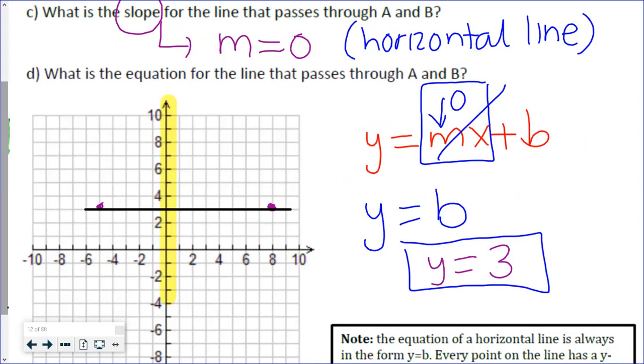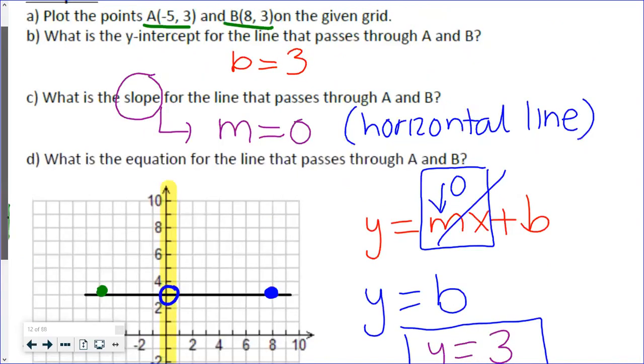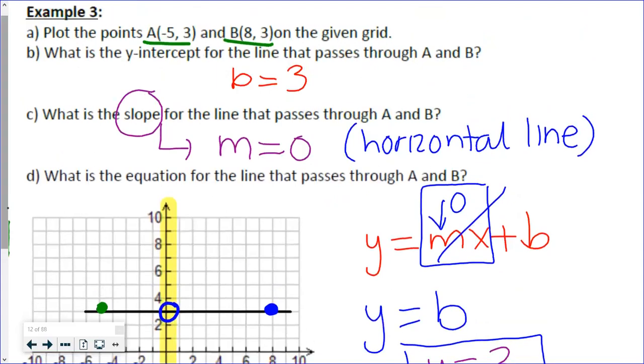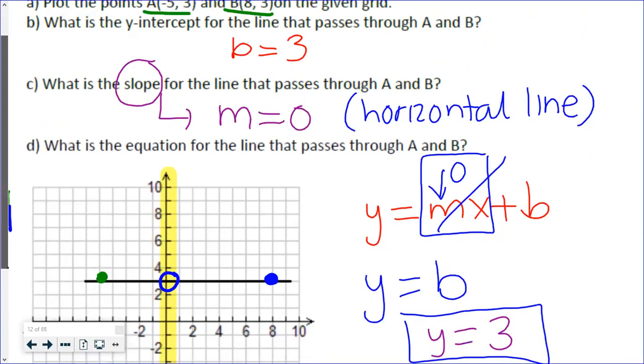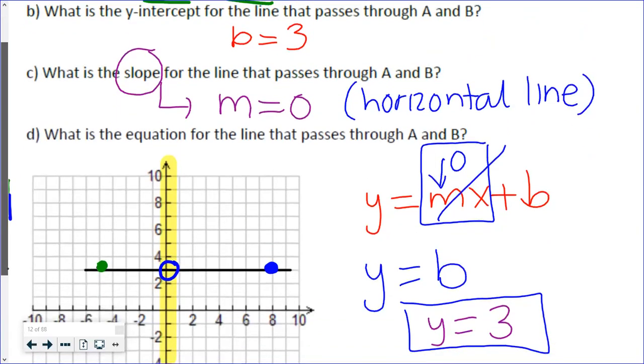I have my leftmost point, -8, +3, and my rightmost point. My y-intercept is this value: when x is equal to 0, y is equal to 3. And because we have a horizontal line, my slope for this question is equal to 0.